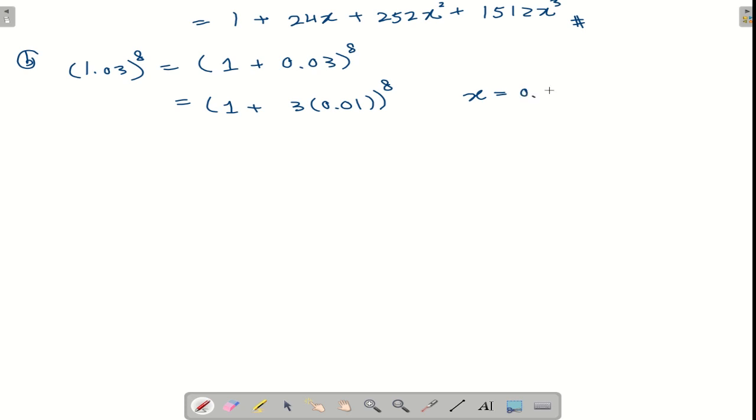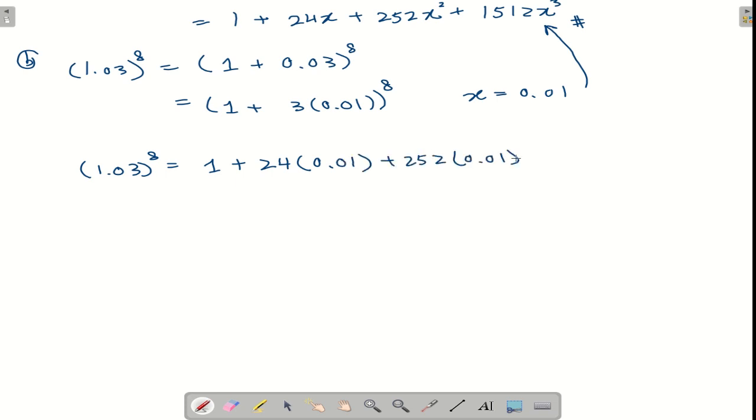So x is equal to 0.01, and we can substitute into the expansion above from part A: 1 plus 24 times 0.01, plus 252 times 0.01 squared, plus 1512 times 0.01 cubed.